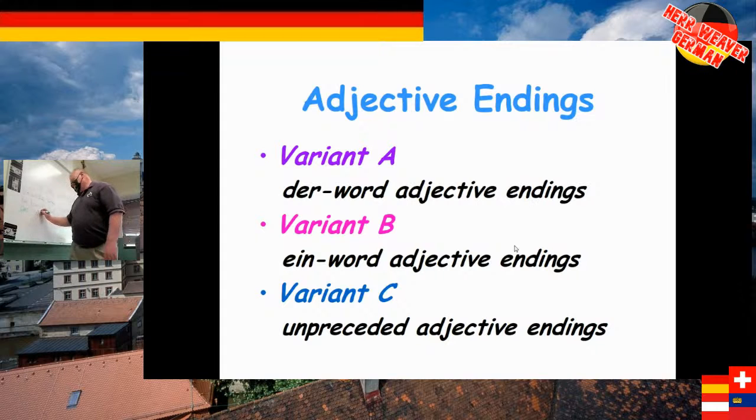Nett. What does nett mean? Nice. Kind. Okay, come over here to neuter. What are my choices? It's going to be das nette Kind. But the nice children would be die netten Kinder.